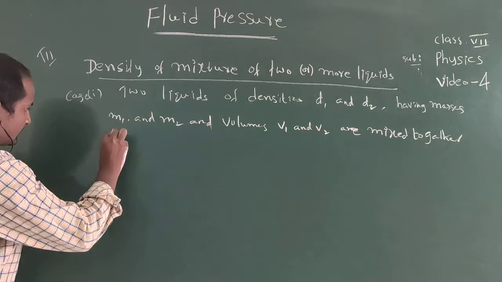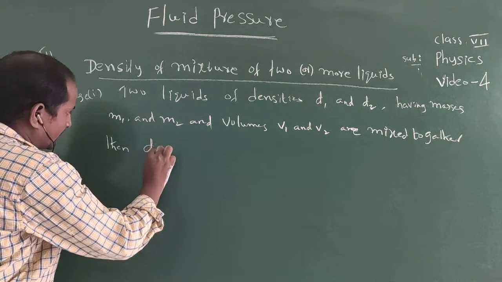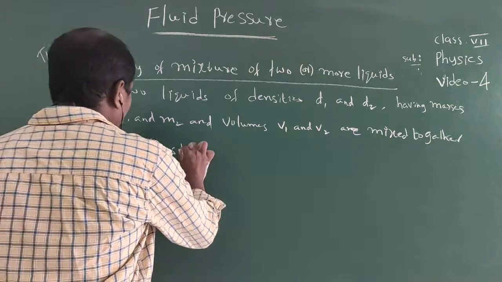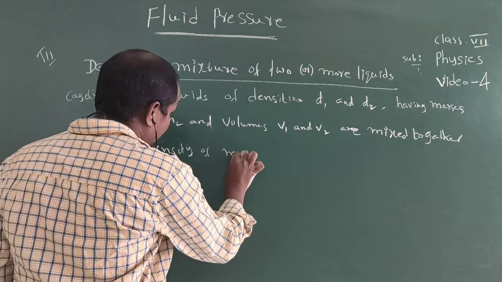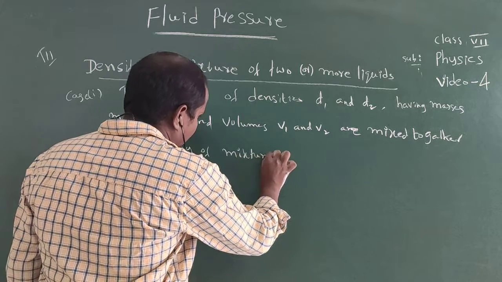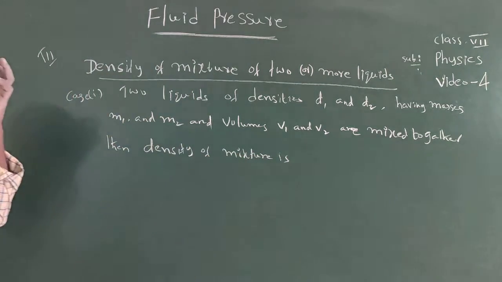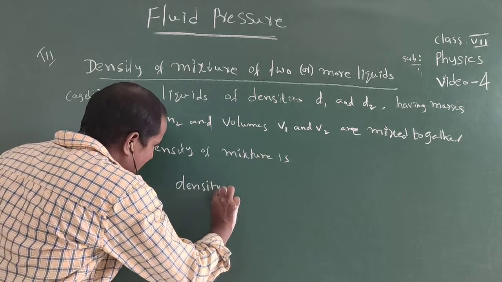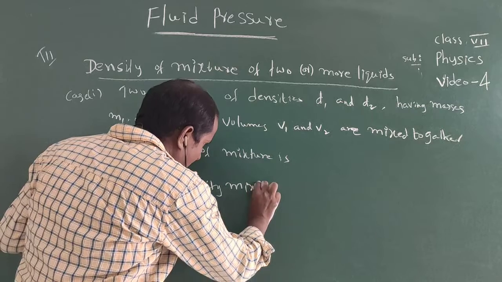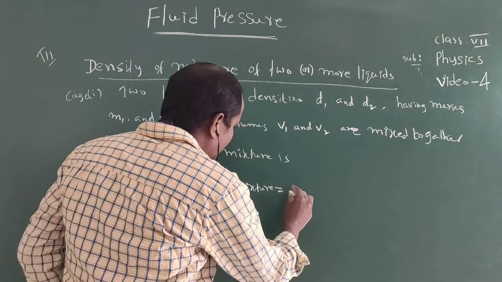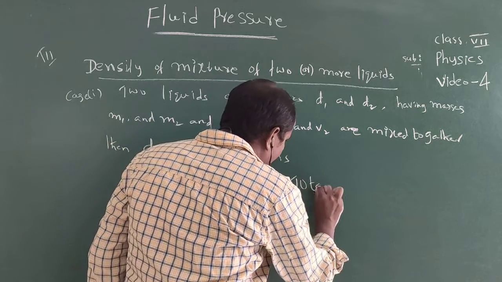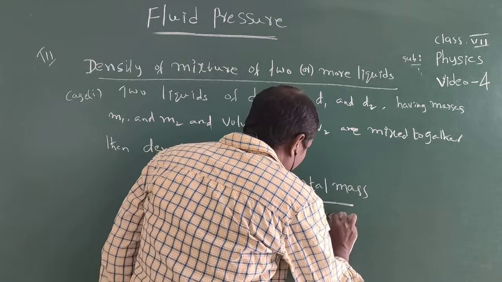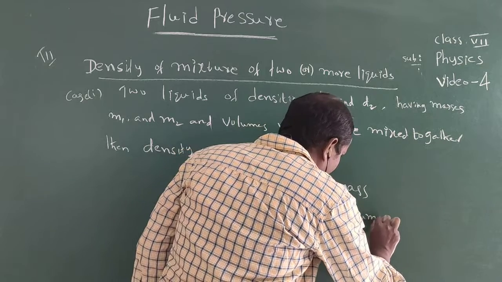Then the density of the mixture is, okay, so here, density of the mixture is equal to the total mass by total volume.